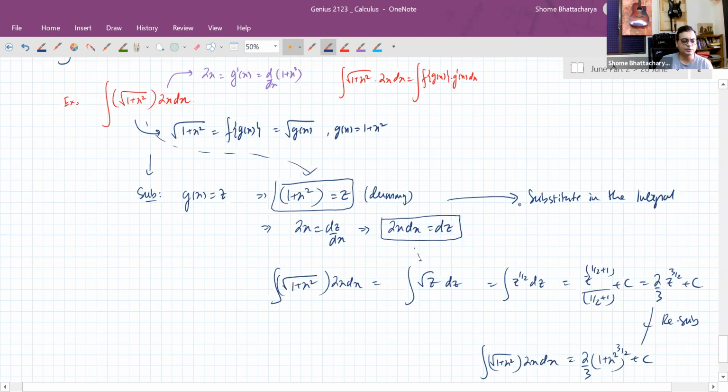So you have to be able to observe this and identify, which is what makes this kind of substitution a little bit tricky, and it takes a lot of practice. But for basic calculus, we don't need very tricky questions. We just need some standard examples of this, which will come often in physics. Because remember, we are doing integration from the point of view of application in physics.